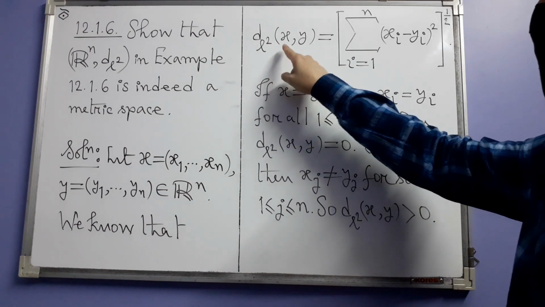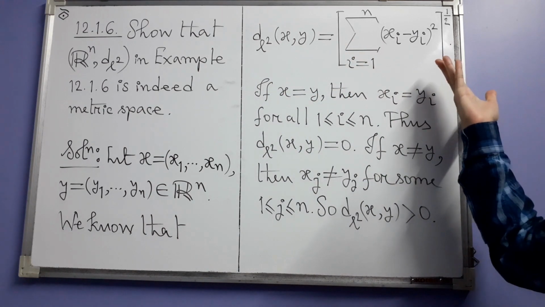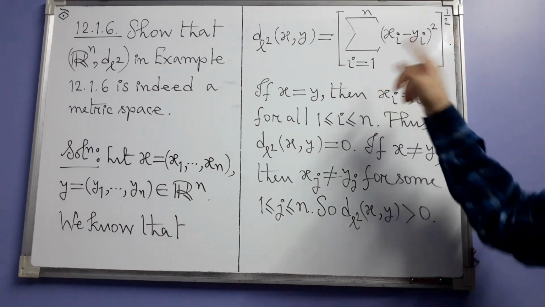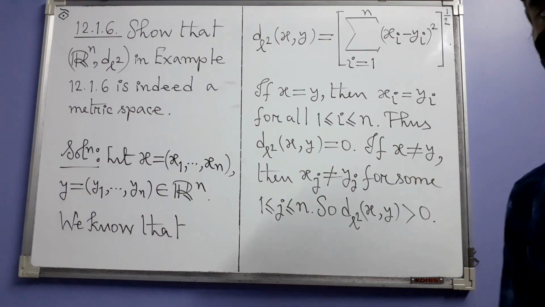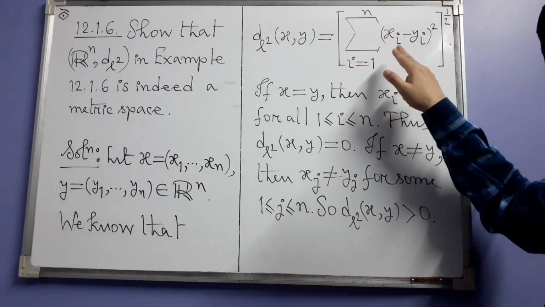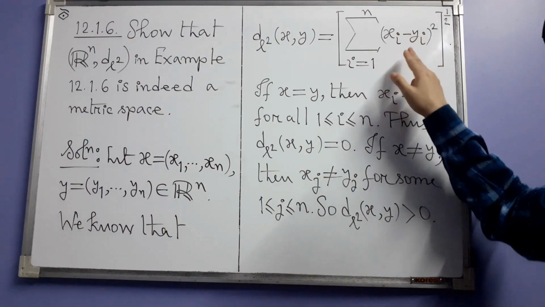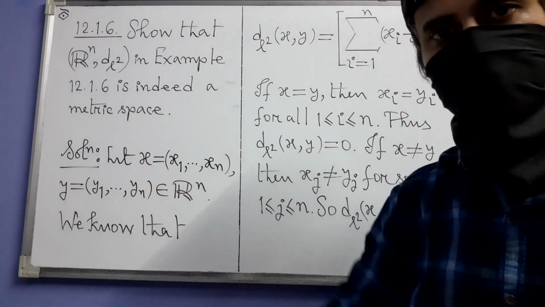The dl2 distance between x and y is this. Note that it's the square root, so we have included this exponent 1 over 2, and it's the square root of this sum of squares of corresponding differences of the coordinates of these two n tuples.